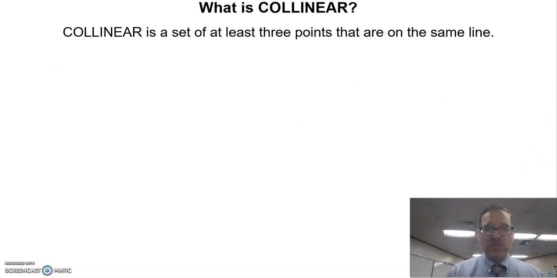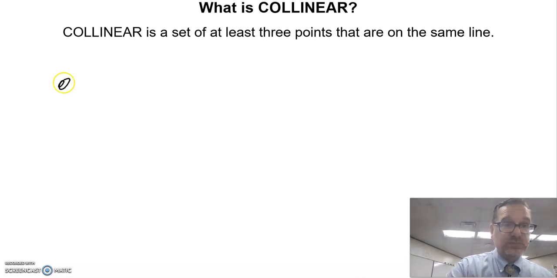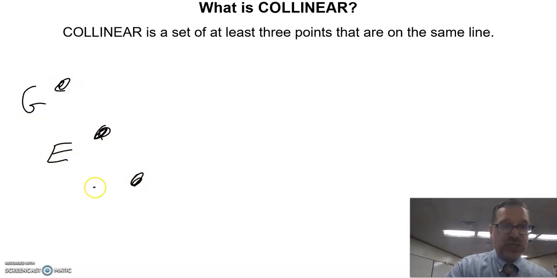Well, the segment addition postulate requires us to use the word collinear. Collinear is a set of 3 or more points that are all on the same line. At least 3, so it's 3 or more. So if I give you 3 points, a point is a location in space, and let's label them points G, E, and O. Notice I am using capital letters.